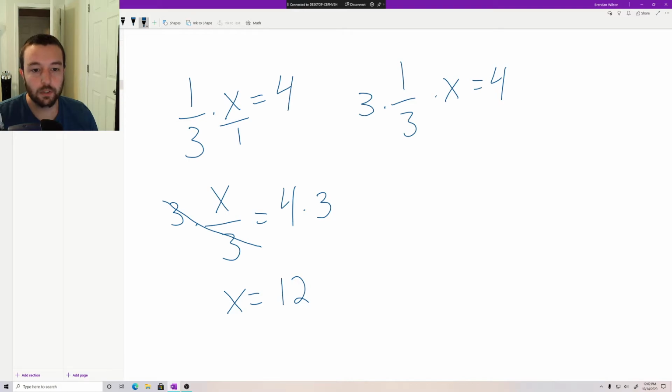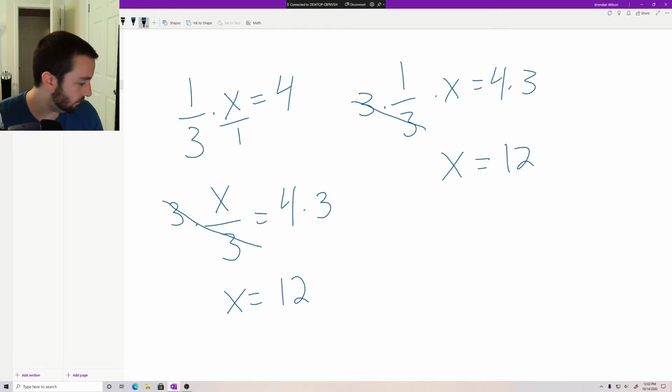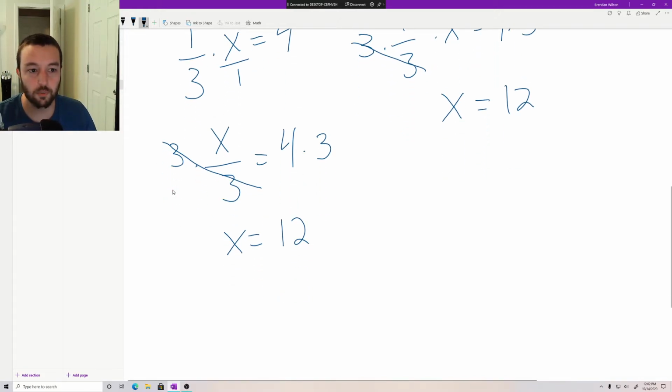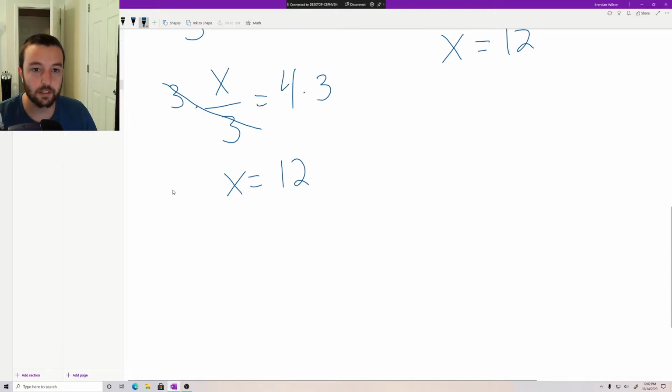So multiplying 1/3 by its reciprocal, which is 3, will give you x, because the 3 times 1/3 is just 1. But of course, we always have to do it on both sides. So this gives us 1, and we just have x. And then on the right side, we have 12. Okay. So that's pretty much what we're dealing with in this chapter.